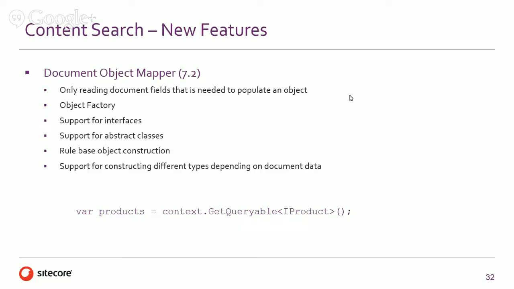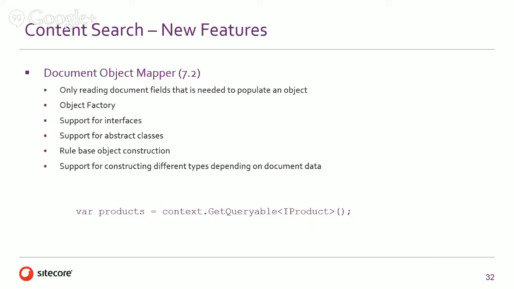You had always been able to change the object mapper in config, but now we're actually supporting it at runtime as well. So we have a new execution context that you can use.